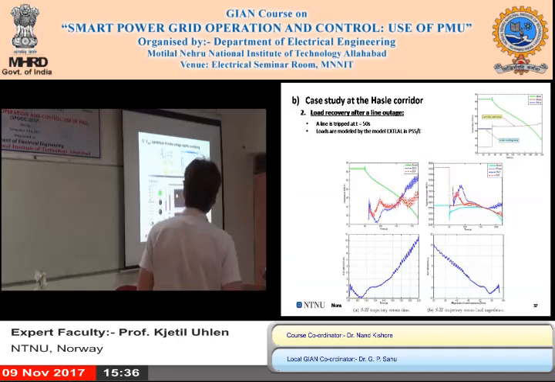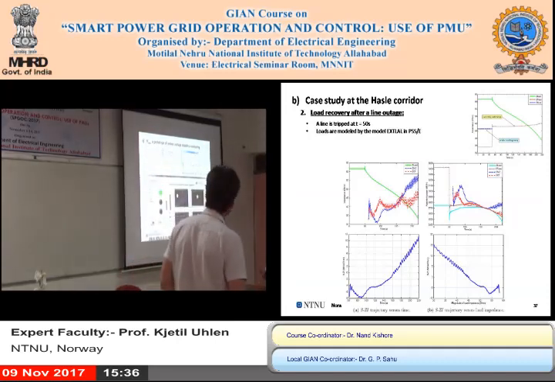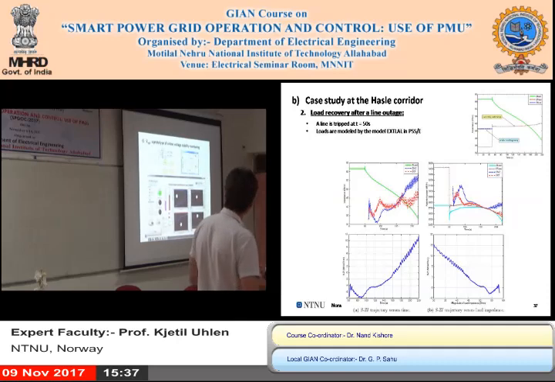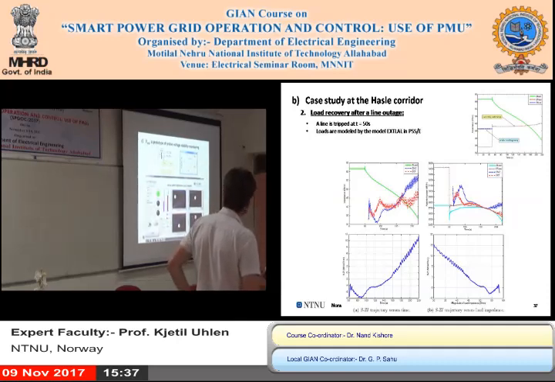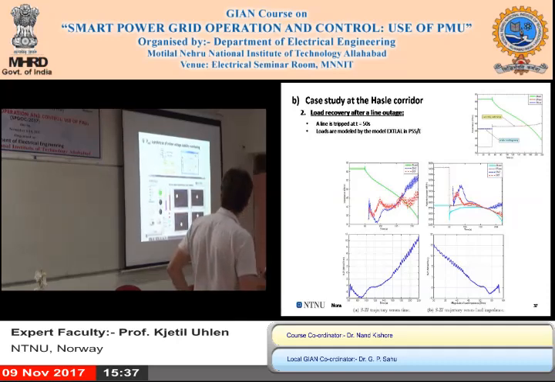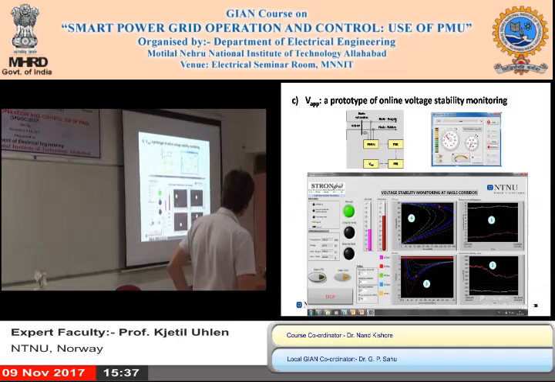So it measures the two lines on the Hasle corridor that I have talked about many times this week. So this application connects to the PRL, which connects to the PDC, which connects to the PMUs in that area. And we have implemented all these curves for the indicator and the voltage versus power and the trend curves.